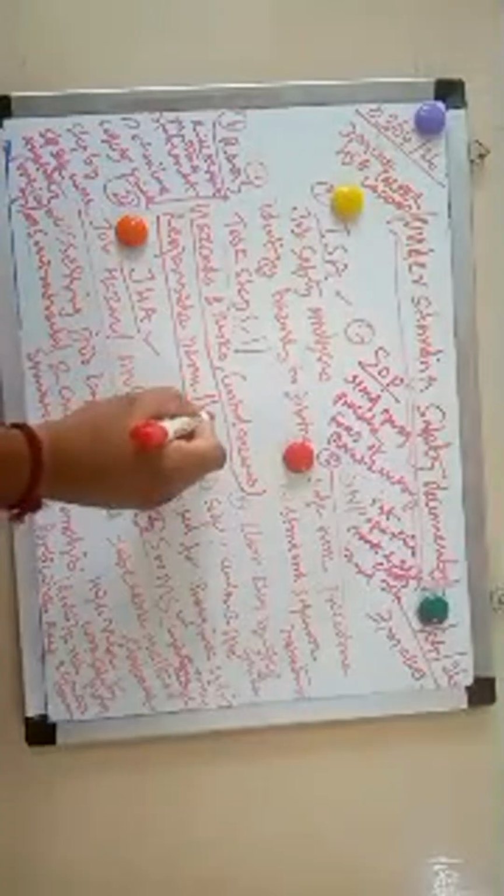You have to mention who the responsible person is in the job safety analysis itself. In the job safety analysis, you have to find the hazard, risk, control measures, and who is responsible for that. For example, for welding it is the welder, for gas cutting the gas cutter, and for painting the painter who is responsible for this task.